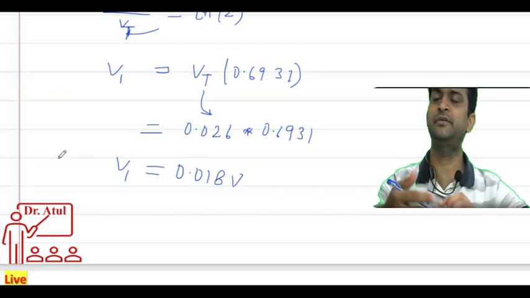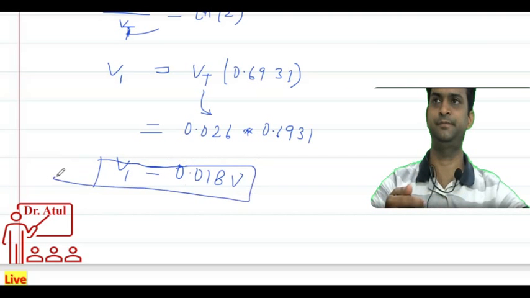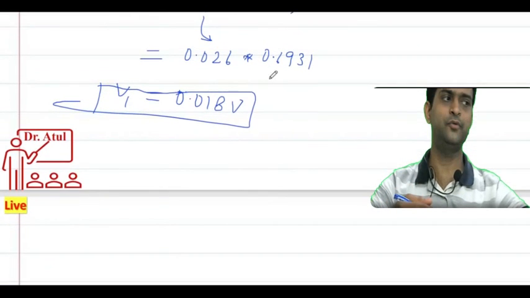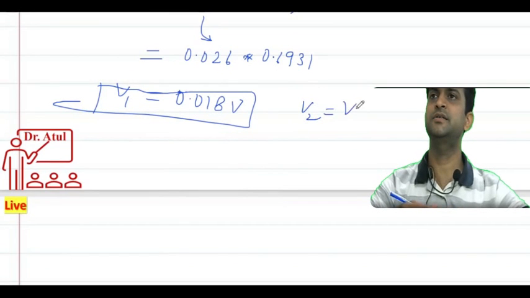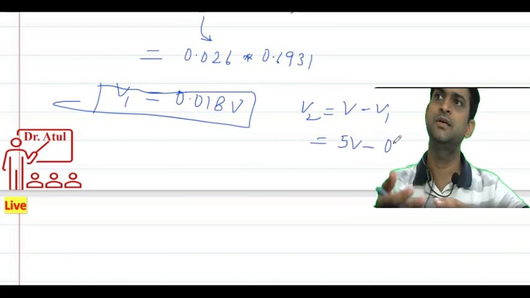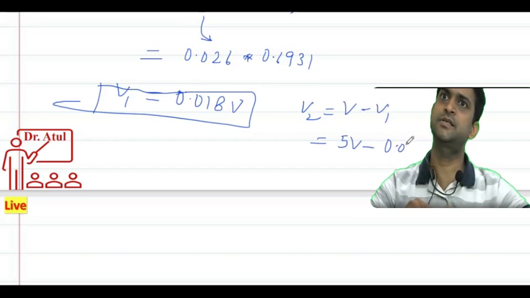This is the actual value of the voltage across D1. Now we have to calculate the voltage across D2, which will be the total voltage 5 volt minus V1. So 5 volt minus 0.018 volt becomes 4.98 volt.